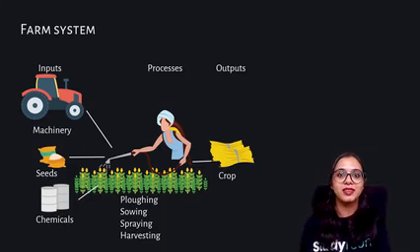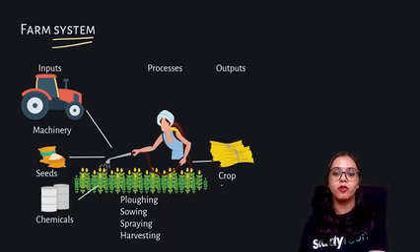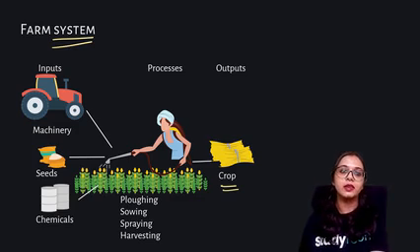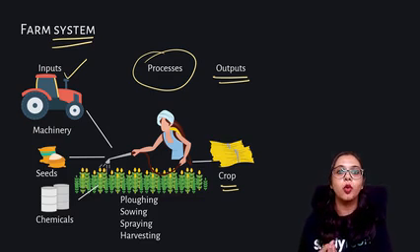Next, the farm system in agriculture, the system that I was talking about, we will be learning about this now. In the production of a particular crop, there are certain inputs, and those inputs are processed in a certain way so that we get our desired output in the required quality or quantity.